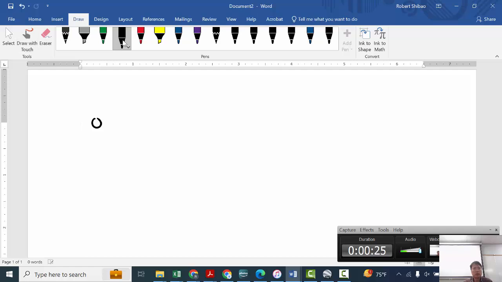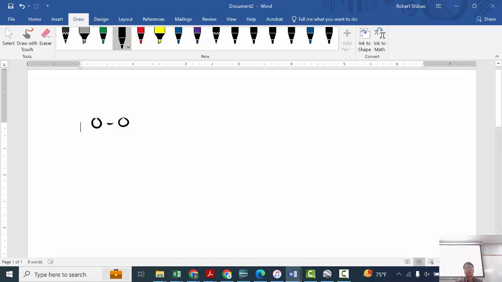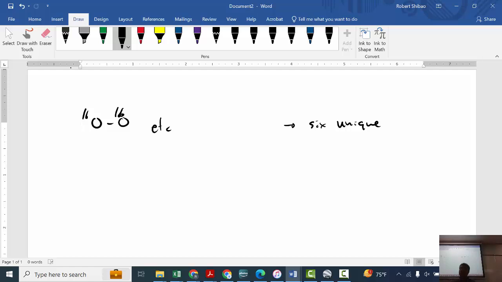With O2, there's going to be a total of 6 unique ones.